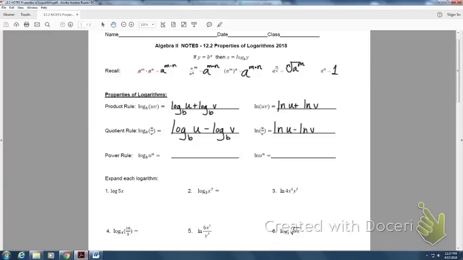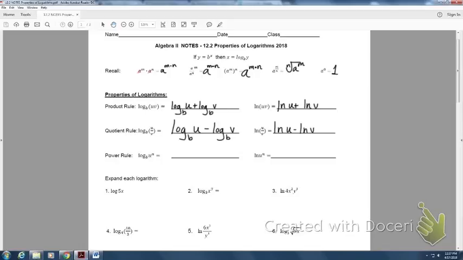The next one, the power rule. This is the one that's a little weird. Some people have a hard time grasping it. Once you do, though, it's pretty easy. If you've got log base b, and then this is being raised to a power, what you can do with that exponent is just move it to the front, and it becomes a coefficient of that log. That's all.